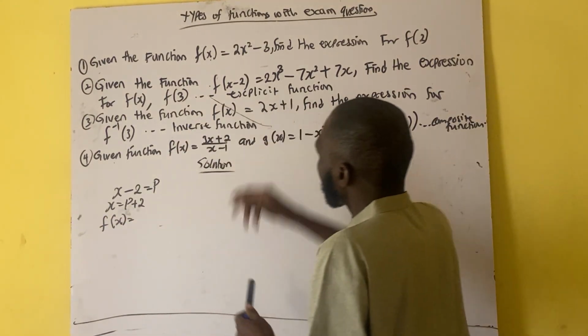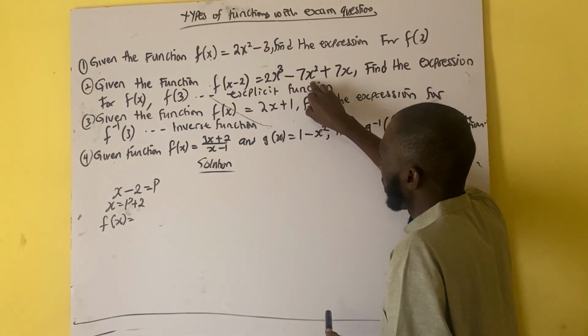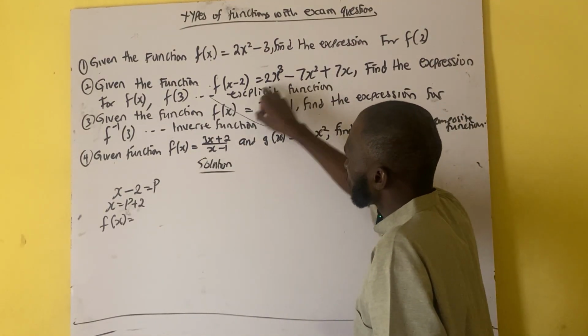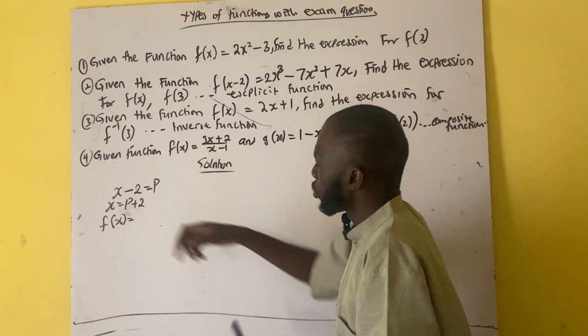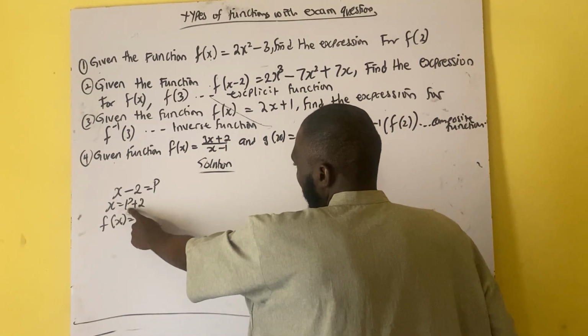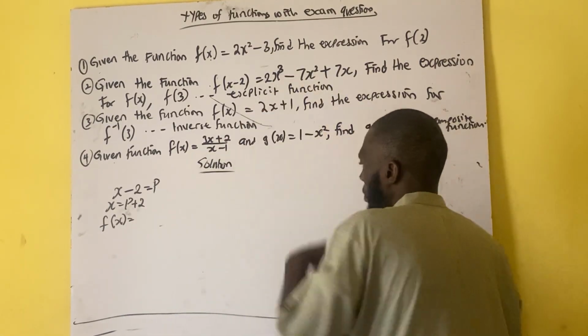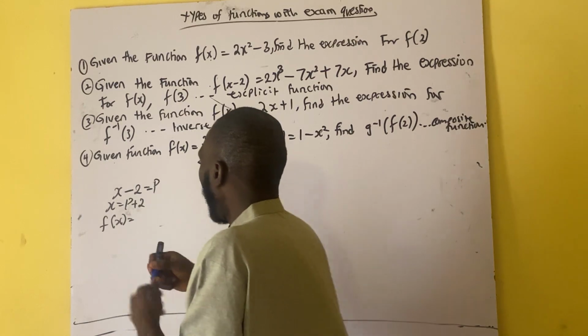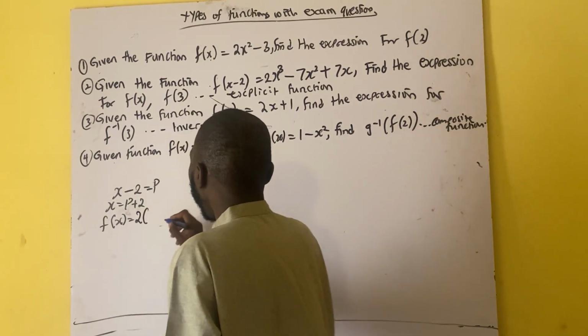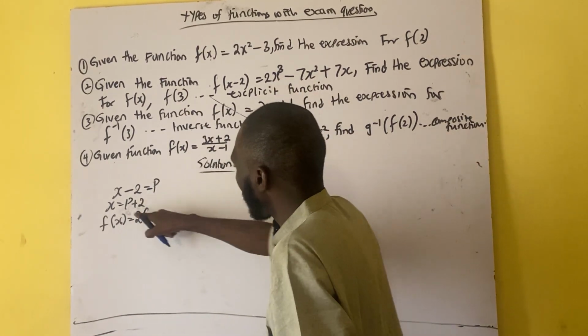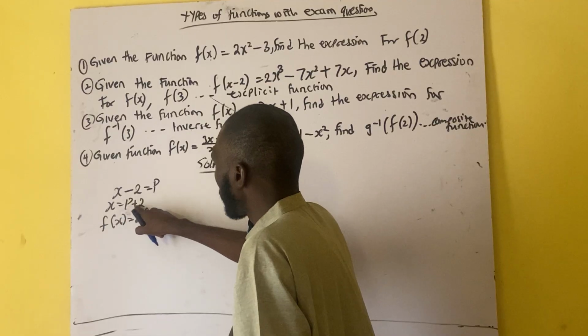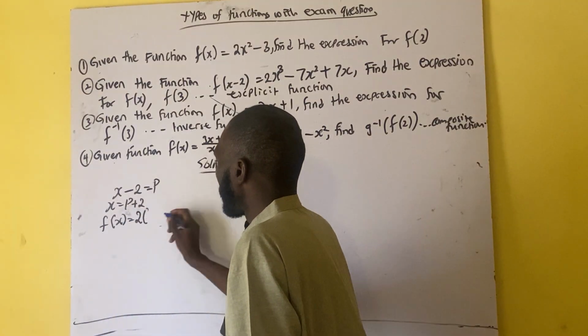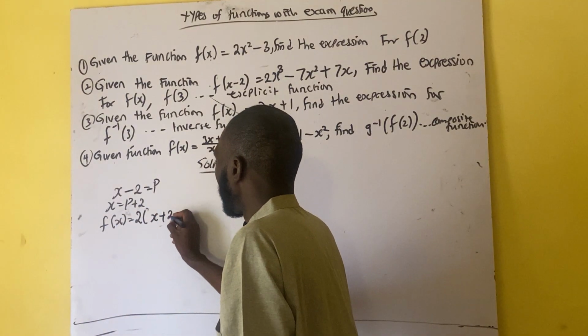That means that if you're having f of x, anywhere you see x in this expression here, you will input what? x plus 2. This p will change to x in the expression. Like the way I have it here now, I have 2, open bracket. This x will be equal to this. Instead of having p plus 2, it will be x plus 2. There will be x plus 2.